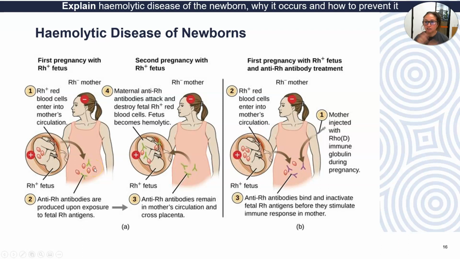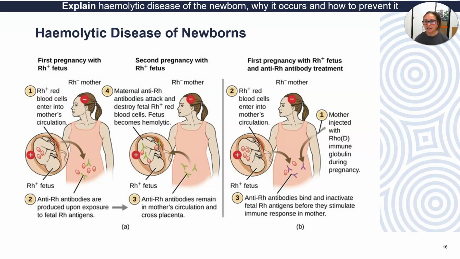Because your genes govern your blood type, you can be a woman that's Rh negative and you can carry a baby that is Rh positive. Okay, that is possible. So that means that the mum doesn't have the Rh antigen on her red blood cells, but the baby does. The baby does have the Rh antigen on its red blood cells.